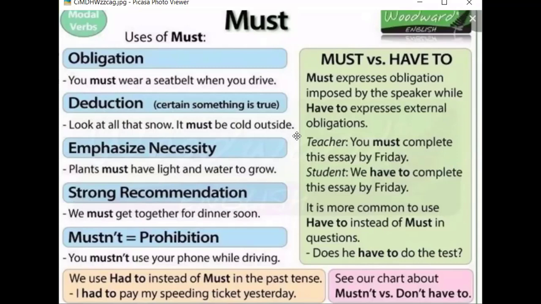So you cannot say it might be cold outside if you already are certain.